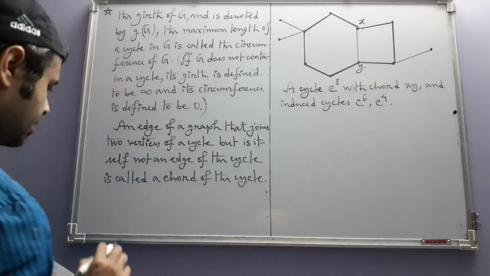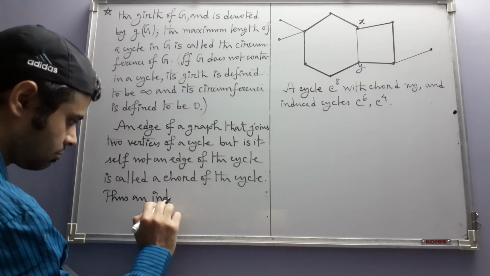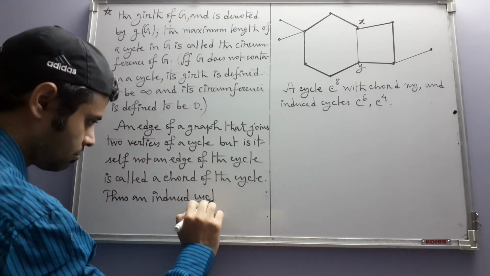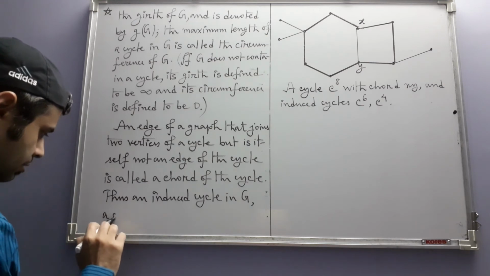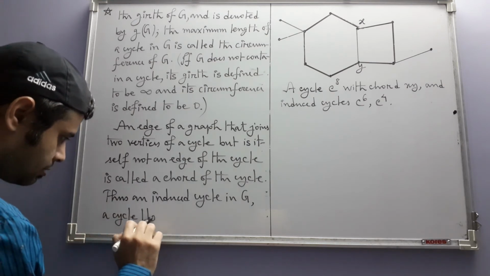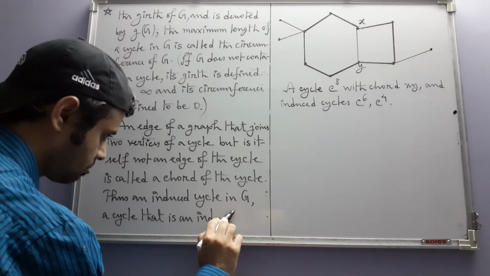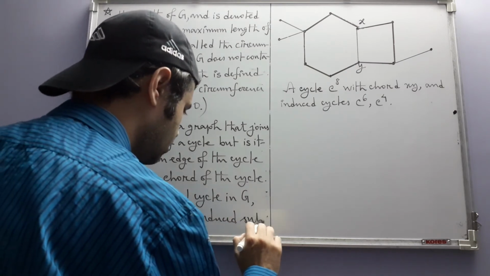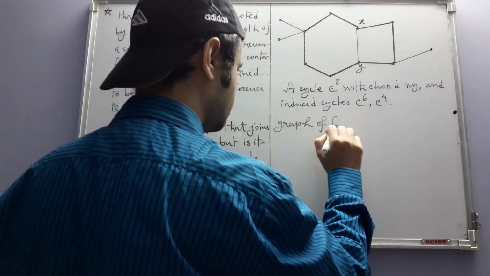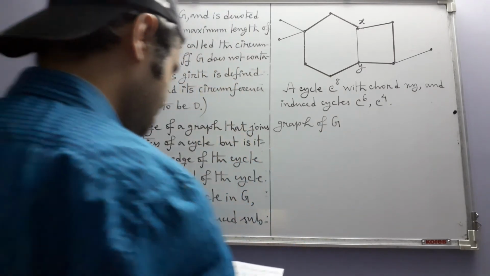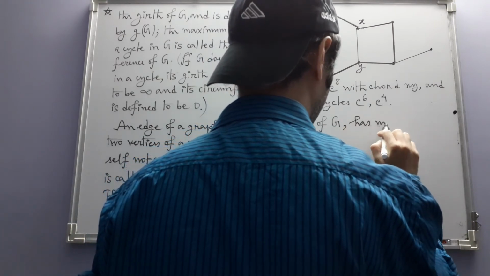Thus, an induced cycle, that is, a cycle that is an induced subgraph of G, has no chord.